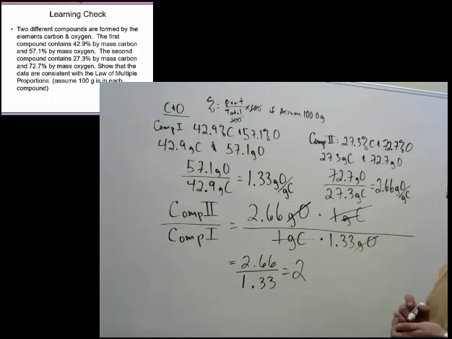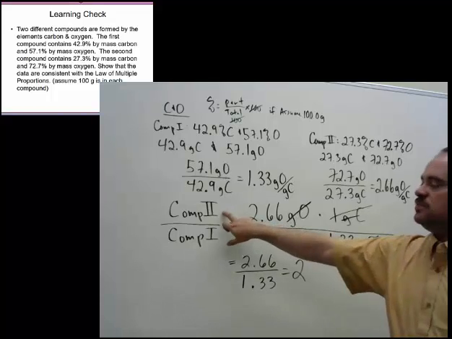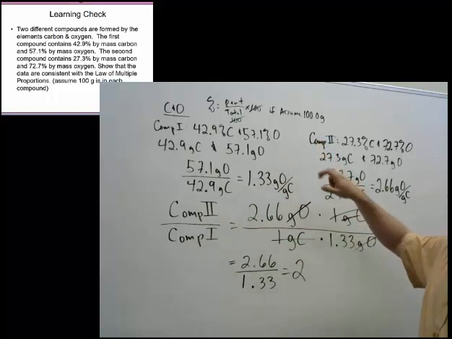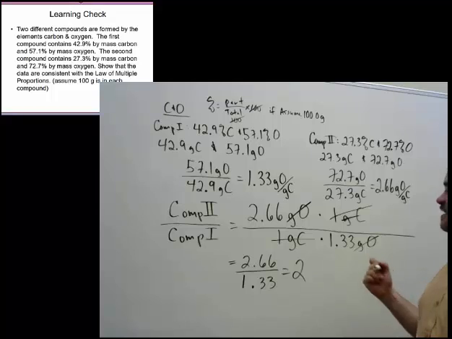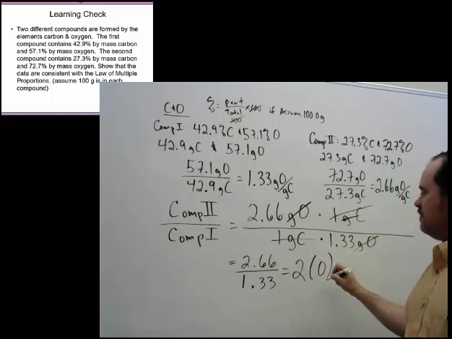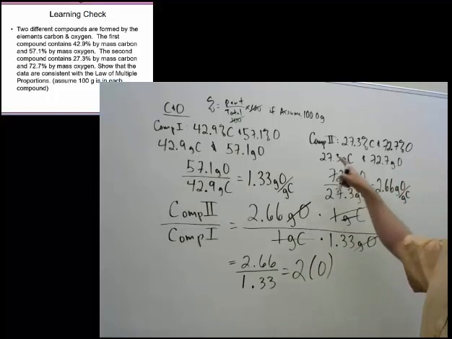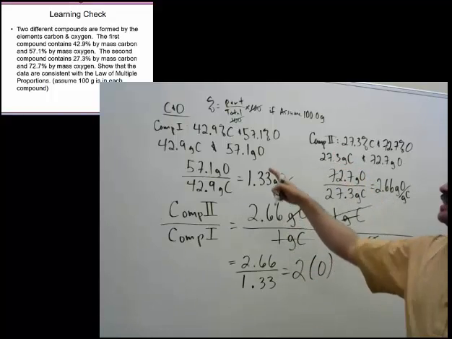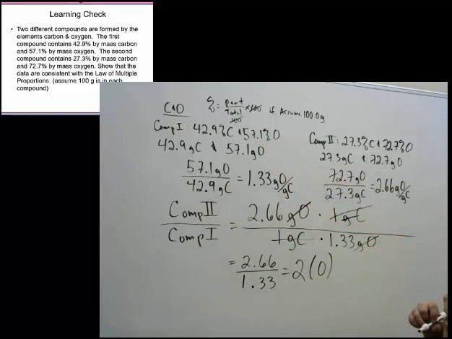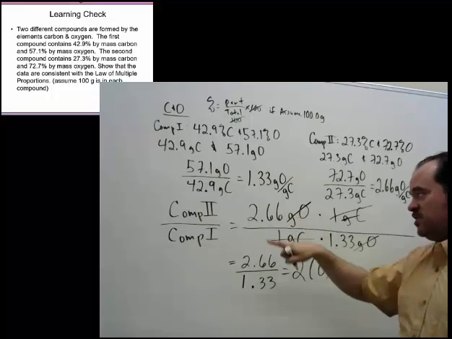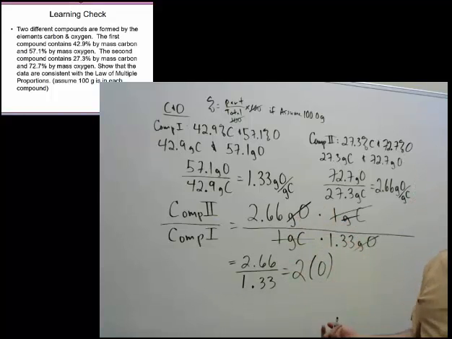Well, this is what it's telling me right now: in compound 2, which we just got over here, there is twice the amount of oxygen present in compound 2 than there was in compound 1. In fact, I could do another ratio just like this between compound 1 and compound 1.